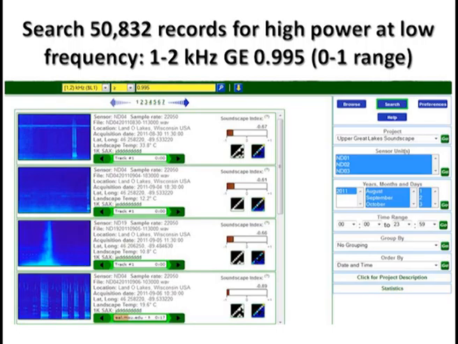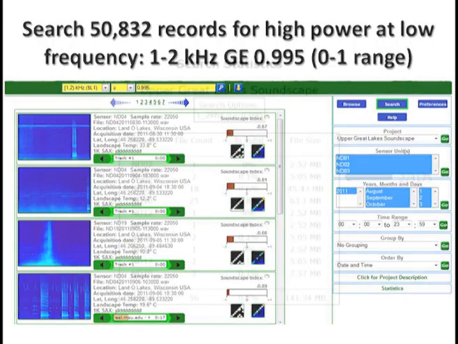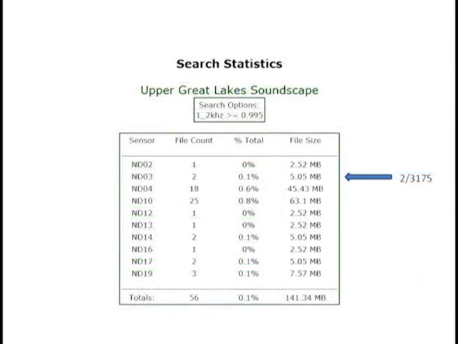And it will go into the relational database and in about 3 seconds pull out all of those records that are a subset of those 50,000. In this case, this table shows the criteria that were met: there were 25 in sensor 10, 18 in sensor 4, 2 in sensor 3, 1 in sensor 2, and so on.